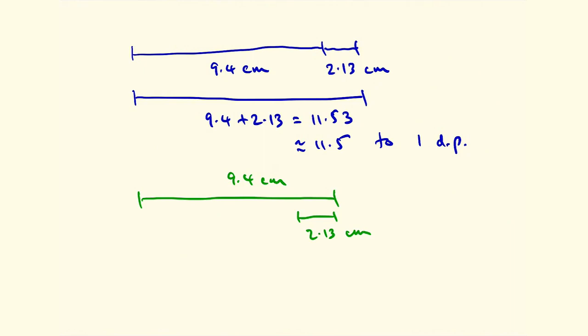So what's left is the difference, 9.4 minus 2.13, which is 7.27. Once again, this 7 in the second decimal place can't be relied upon because of the coarseness of the measurement of the 9.4, which is correct only to 1 decimal place. So again, you round your answer to the nearest number to 1 decimal place, which is 7.3.